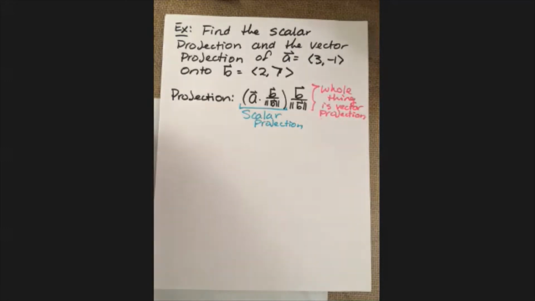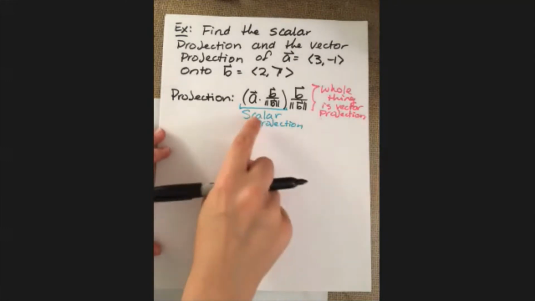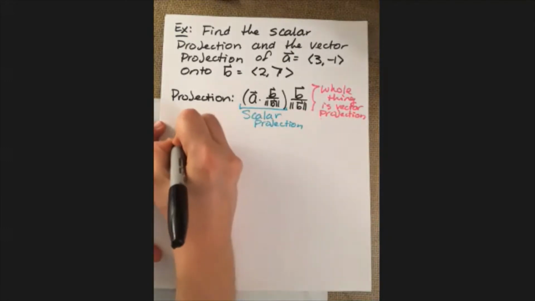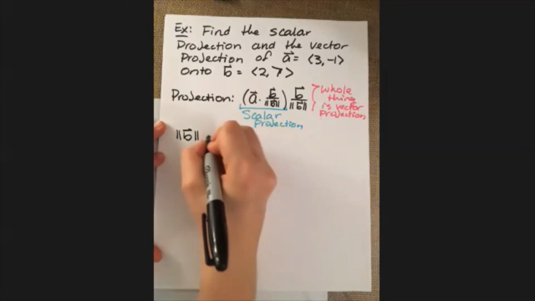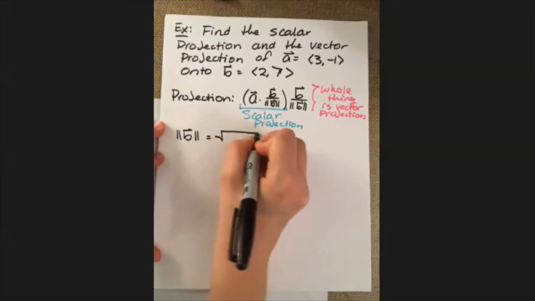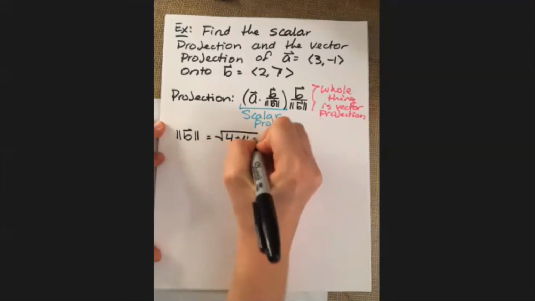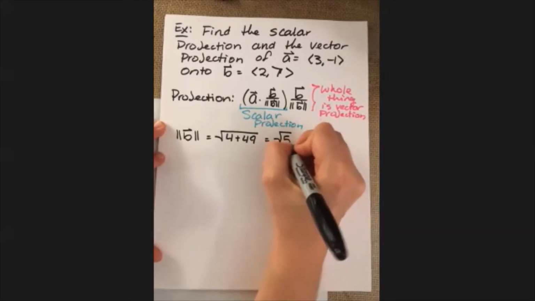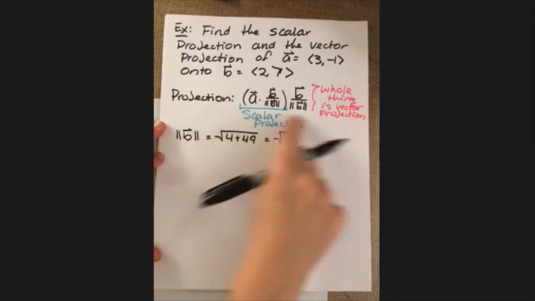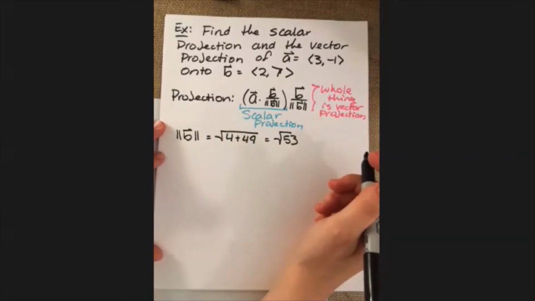First things first, I'm going to calculate the length of B here. This is just equal to the square root of 4 plus 49, which is root 53. And now I'm ready to start plugging numbers into my equation.